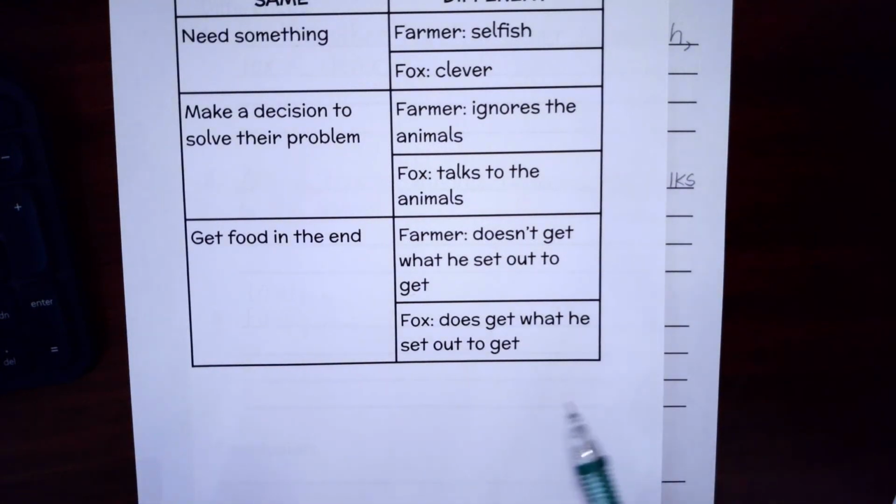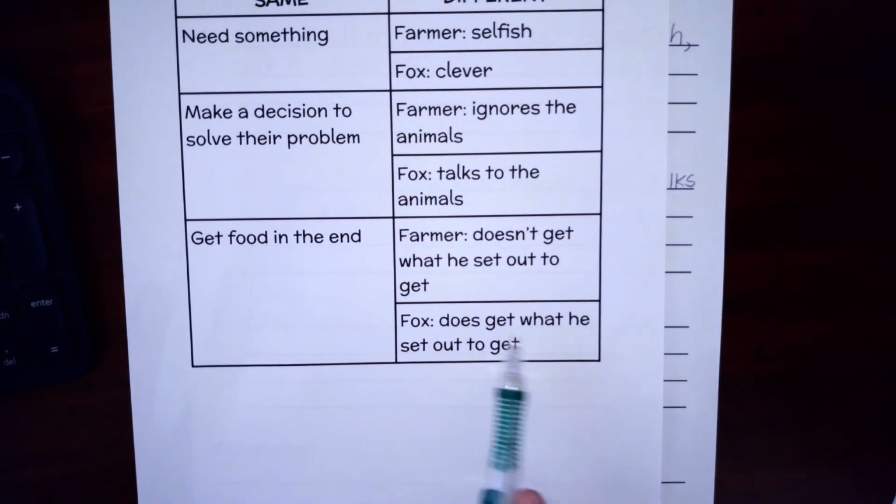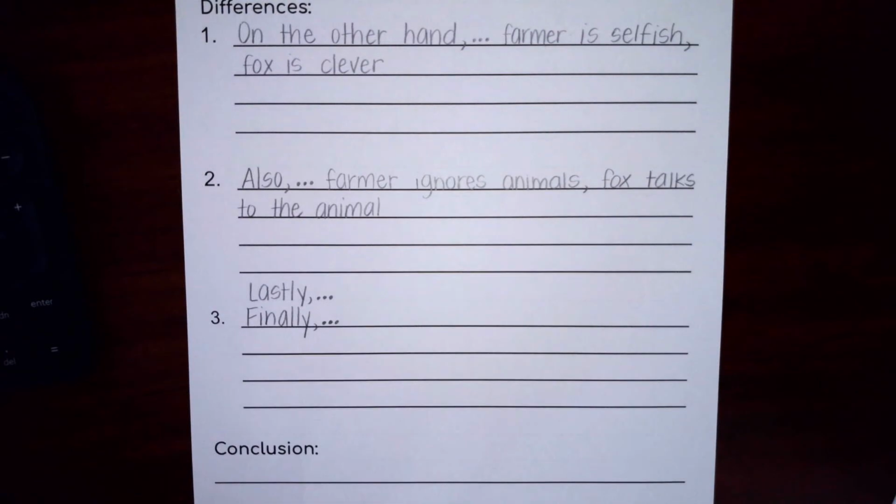He didn't get what he wanted. He still got something, but not exactly what he wanted. And the fox, he gets that piece of cheese, which from the beginning is what he wanted. So he does get what he set out to get.